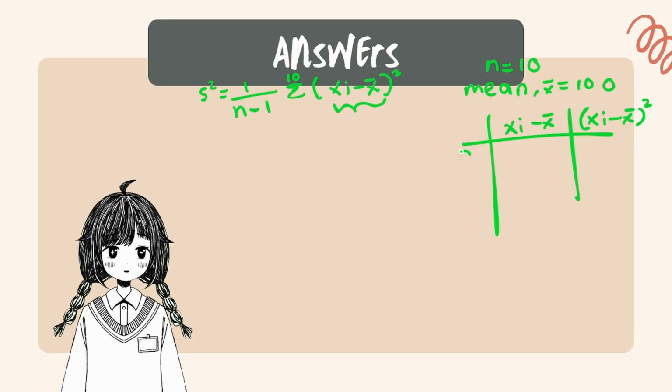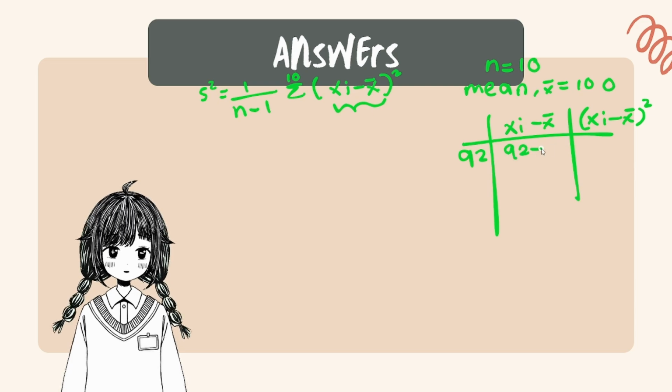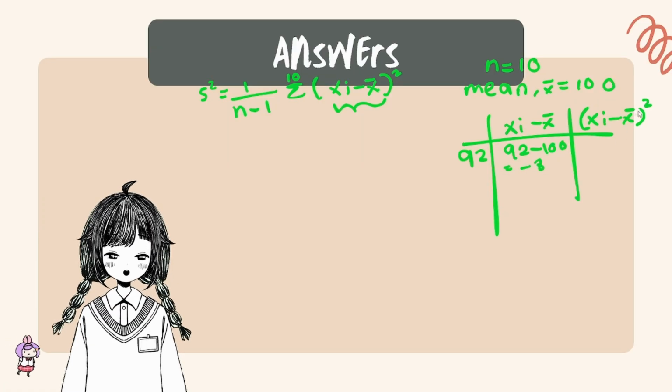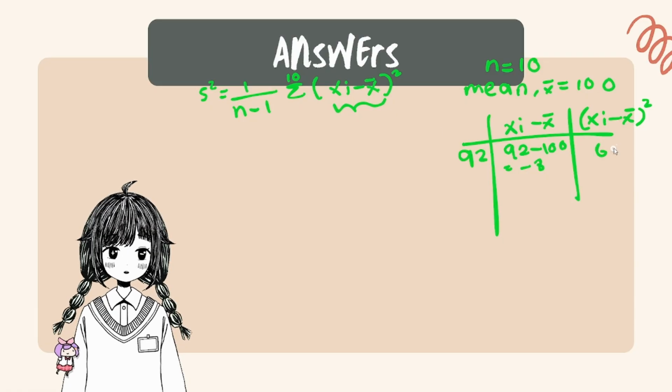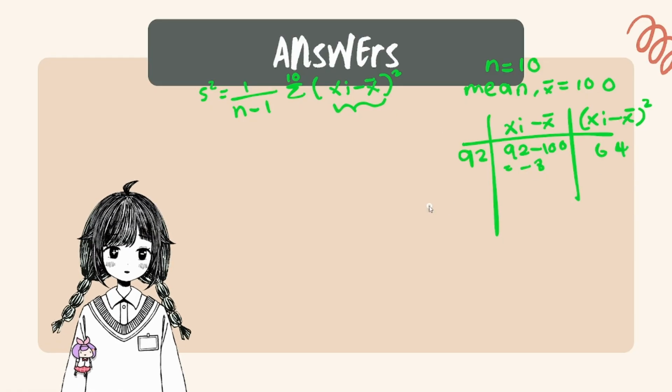Our data, so we start with 92. 92 minus the mean 100 equals negative 8. We square it, which gives us 64. So the first value is 64.